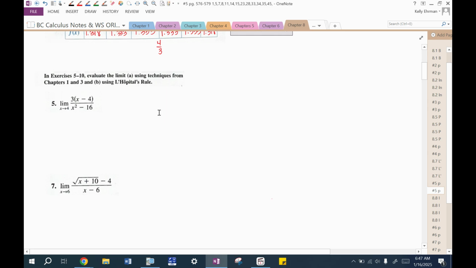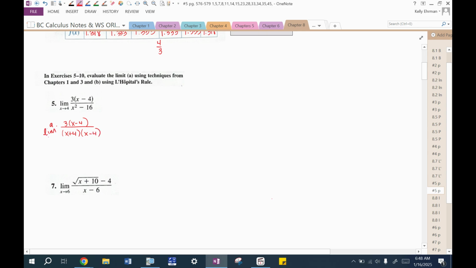All right, so evaluate the limit using techniques from chapters 1 and 3 for part A, and then for part B using L'Hopital's rule. So part A, if I'm not allowed to use L'Hopital's, I try direct substitution, I get 0 over 0, but I can factor this a bit. When I can factor and cancel, I usually would do this over L'Hopital's anyway.